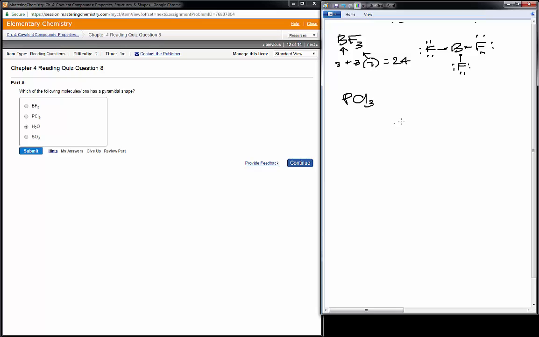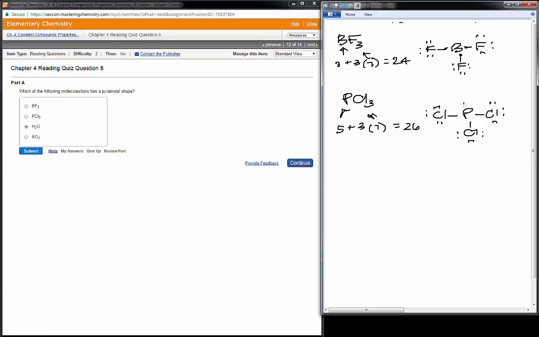PCl3, I've got phosphorus is in group 5. 3 chlorines, they're in group 7. That's 21 plus 5 is 26. So phosphorus in the middle. 3 chlorines, I've used up 6 electrons. 8, 10, 12 to bring that chlorine up to full. 14, 16, 18, 20, 22, 24.